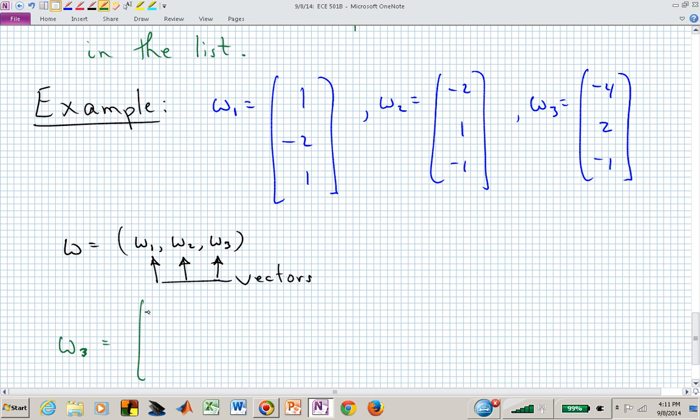W3 is (-4, 2, -1), and that's equal to something times (1, -2, 1) plus something times (-2, 1, -1). There are several ways to get the first component, but maybe not to match the other two. If you take 2 of the first, then you would need 3 of the second to get the first component.